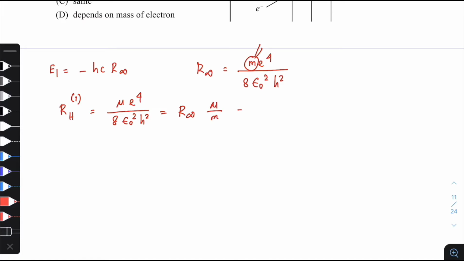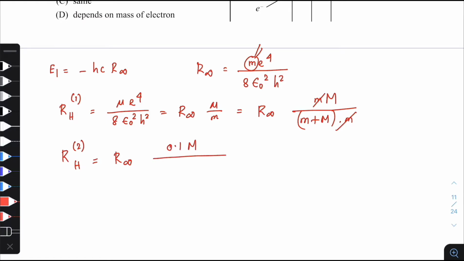So this is equal to R infinity times M, where capital M is the mass of the proton, divided by m plus M, times m. So this m cancels out. Now we have a proton that is 10 times lighter. So R_H2 is R infinity times 0.1 M divided by m plus 0.1 M.